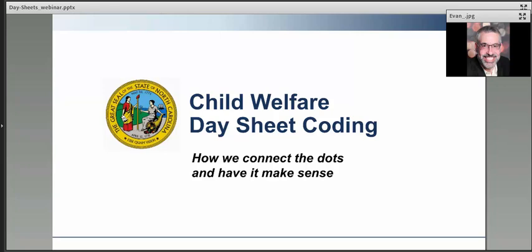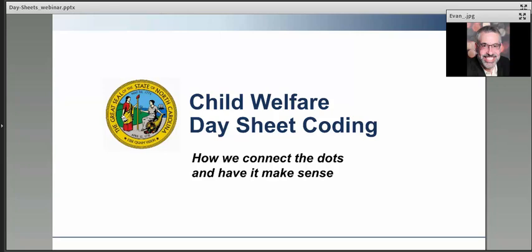But together we're going to try and give you a little bit of information and knowledge about child welfare daysheet coding. Ultimately, it's about how we connect the dots and make it make sense for y'all, like it says on the title page. And really what this is about is helping you through a critical, necessary, and sometimes frustrating part of your day.